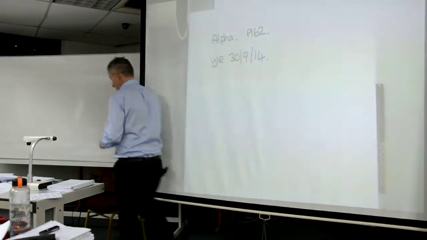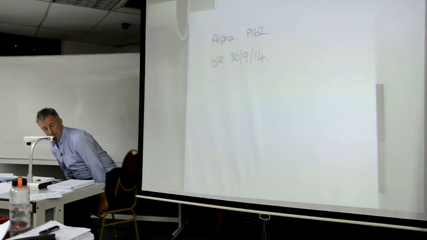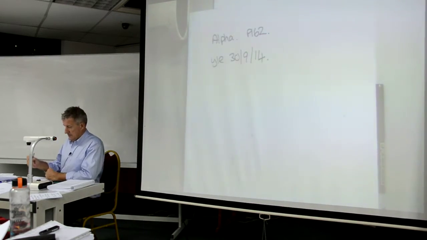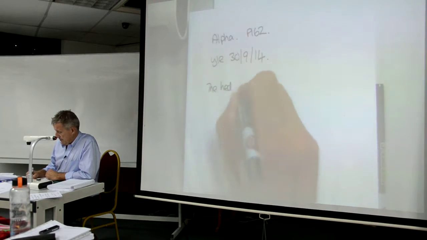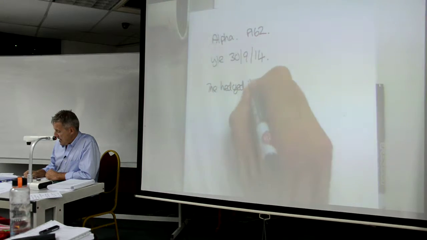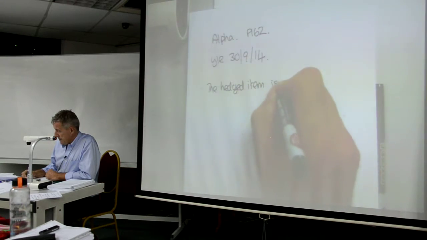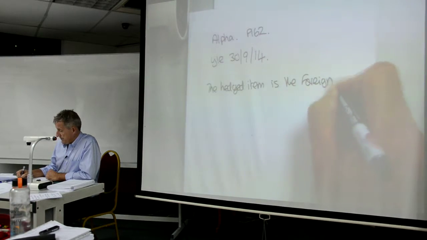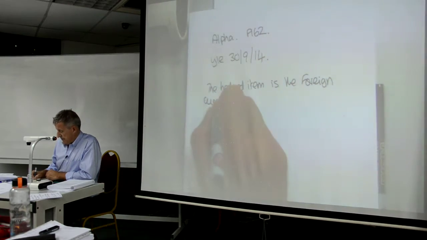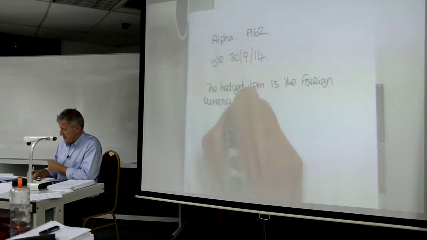So, let me go through the answer with a little bit of structure. The hedged item is the foreign currency receivable.